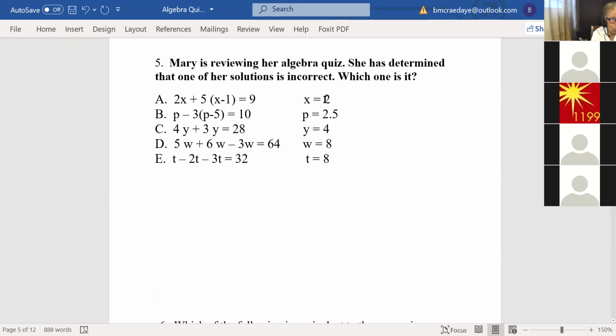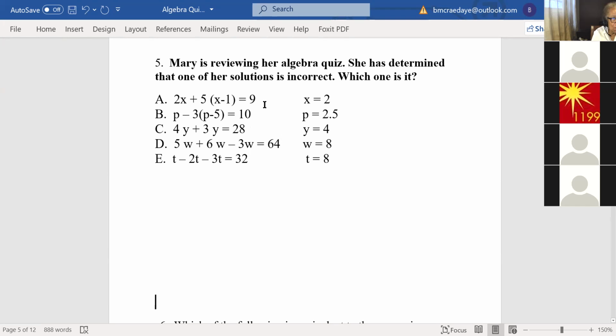In other words, if you put 2 in for x, would this equation be correct? If you put 2.5 for p, will this equation be correct? If you put 4 for y, will this equation be correct? If you put 8 for w, will that equation be correct? Because that's what this means.